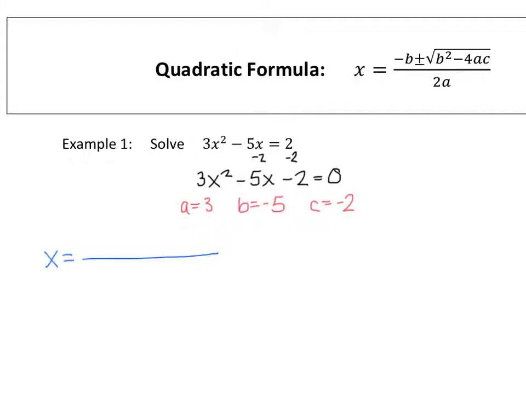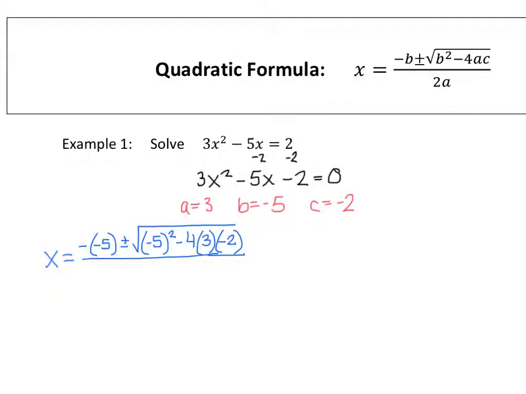On top it's negative b, so that's negative times -5 plus or minus the square root of b squared, so -5 squared, minus 4 times a, which is 3, times c, which is -2.